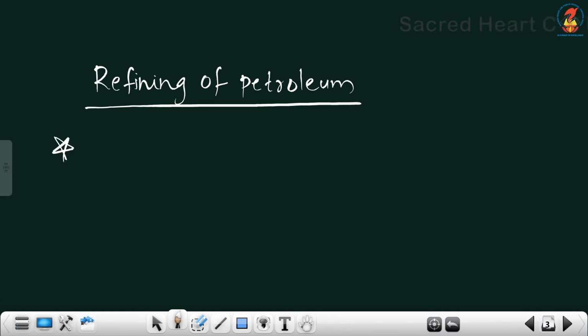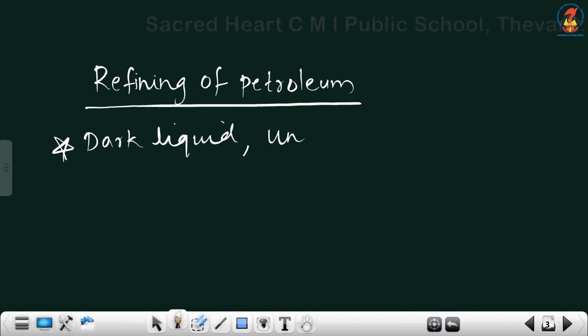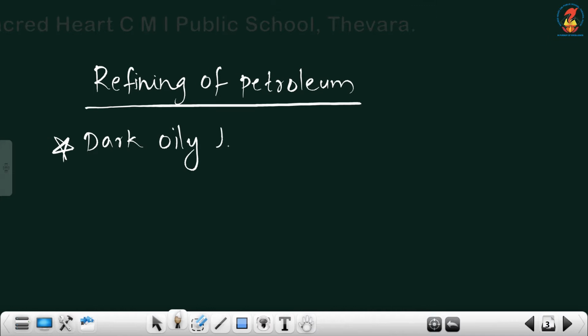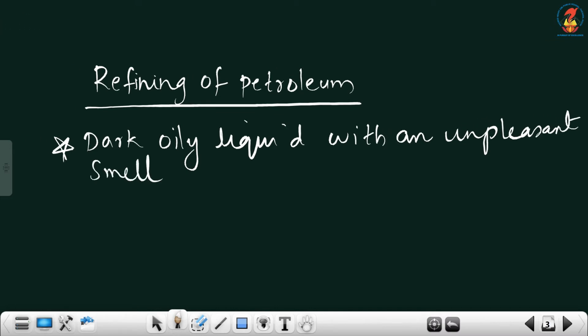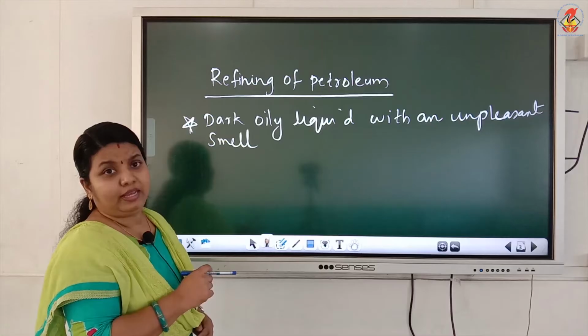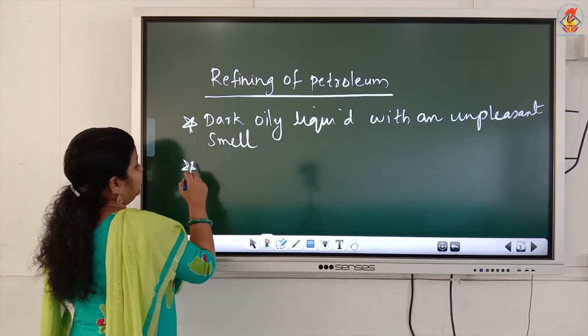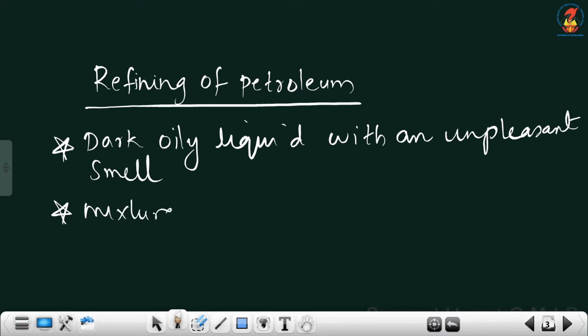Petroleum is a dark oily liquid with an unpleasant smell. It is a mixture of several useful constituents.